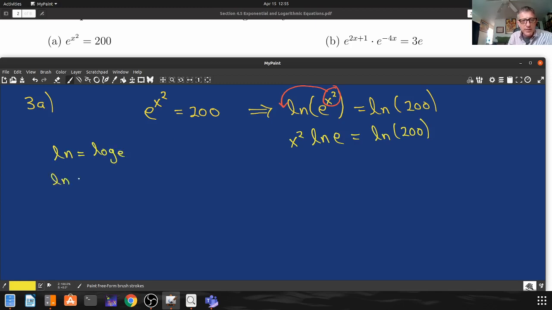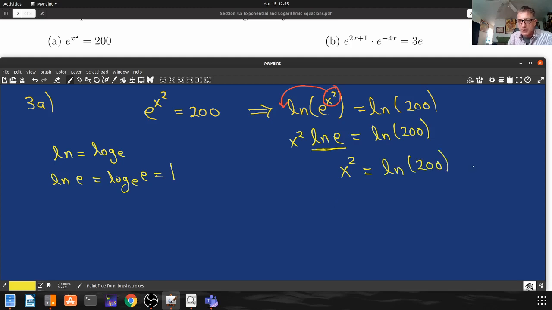So ln of e is log to the base e of e, and that's always 1. So this is just 1. That gives me x squared is equal to the natural log of 200.